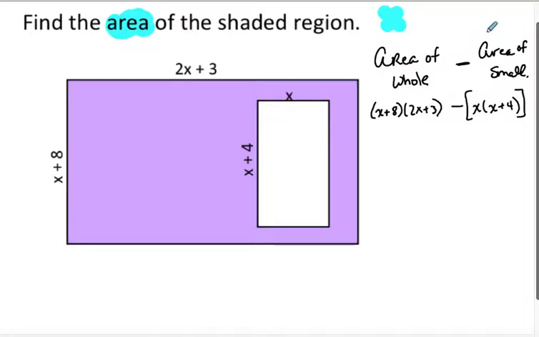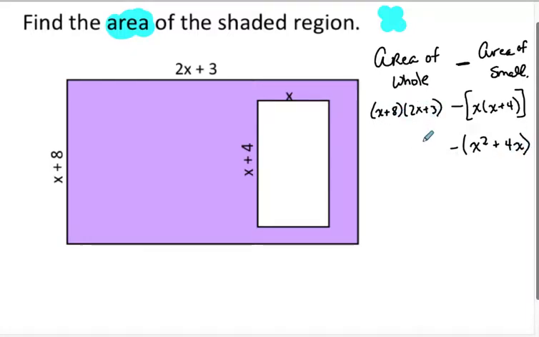Okay. So first I'm going to do the multiplication, and I guess I could do the multiplication inside the second grouping symbols first. So I've got an x times x plus 4, which is going to give me x squared plus 4x.